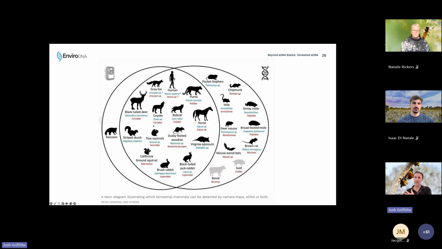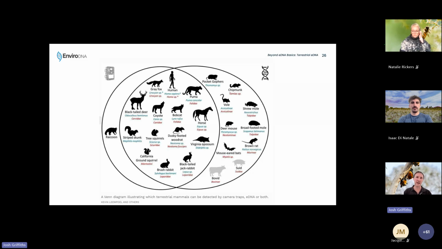So we picked up these species with both techniques. There was one species that was only detected with the camera. And then there was a whole range of species, particularly small species that are hard to detect with cameras or hard to identify. So some of those rodents, it's a rodent, but you can't tell which one. So eDNA provided a really great complementary method here and actually extended the kind of species that could be detected.